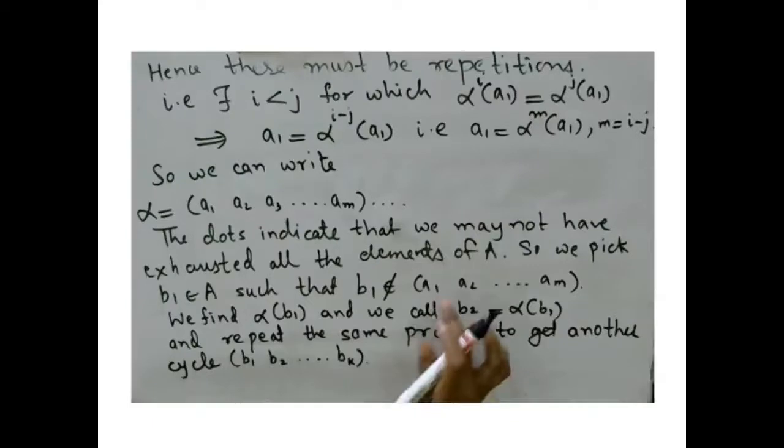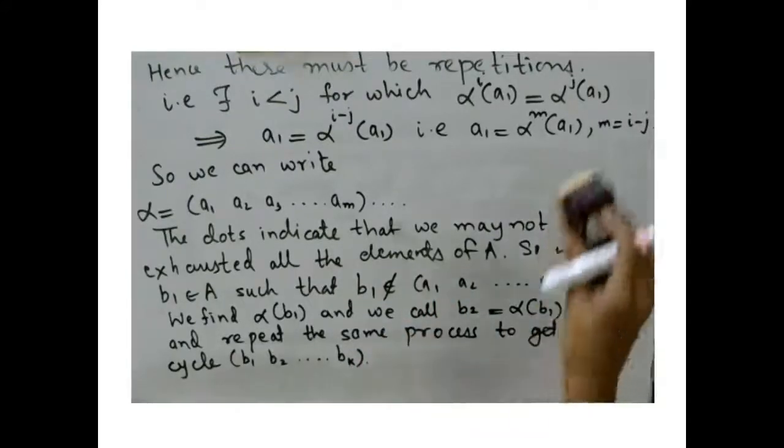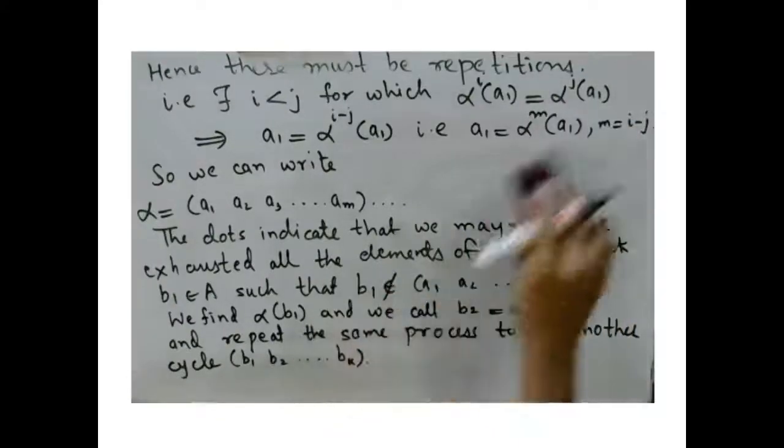Now these two cycles must be disjoint, meaning that these two cycles should not contain any element in common. Why? Let us see why they should be disjoint.